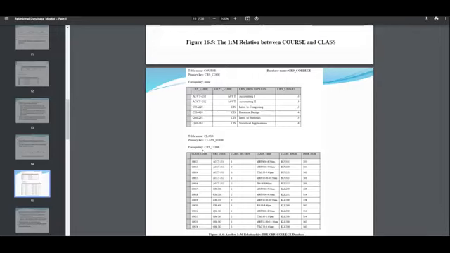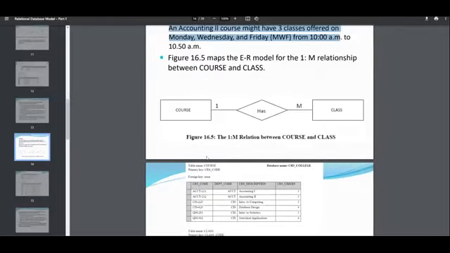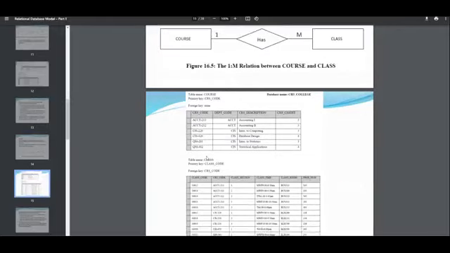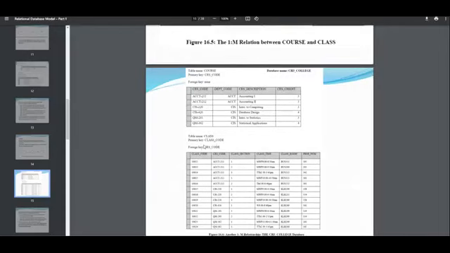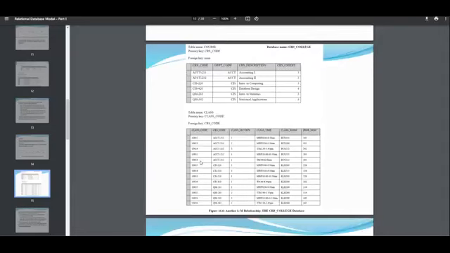Okay, see here, the same kind of one-to-many. I hope you can understand the one-to-many relationship here. The table course has the primary key course code, and the table class has a primary key class code. Then they have a relationship. This course code works as the foreign key for this table, and in the course table it works as the primary key.